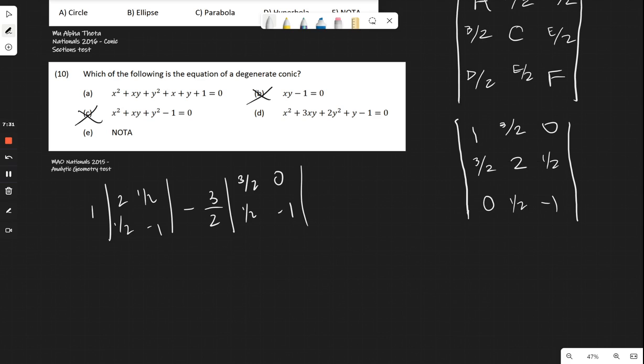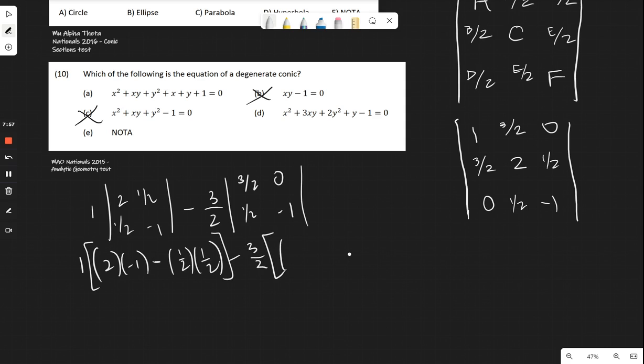And then we don't have to worry about 0, since anything we multiply 0 by is just going to be 0. So let's multiply these out. We take this, multiply those two, subtract the product of those two for our determinants, and you get 1 times 2 times -1 minus 1 half times 1 half minus 3 halves times the product of 3 halves and -1 minus 0.